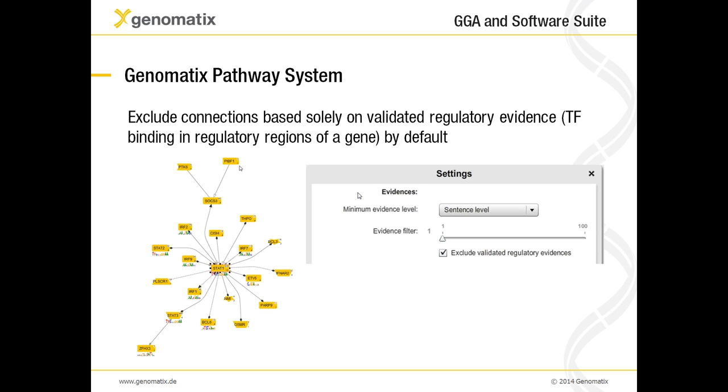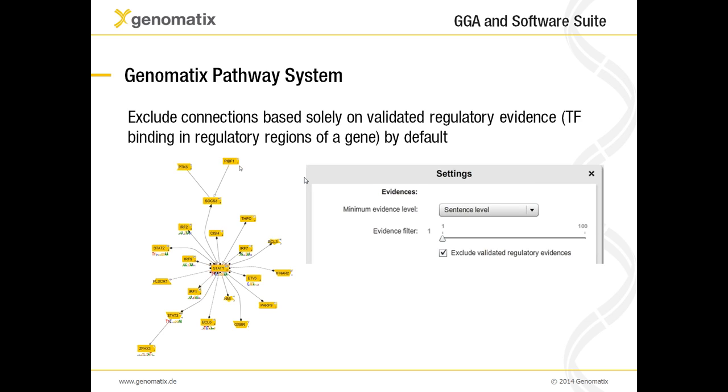One more thing in the Genomatix pathway system is the treatment of connections that are based only on validated regulatory evidence. Validated regulatory evidence being transcription factor binding in the regulatory regions of a gene based on ENCODE data.